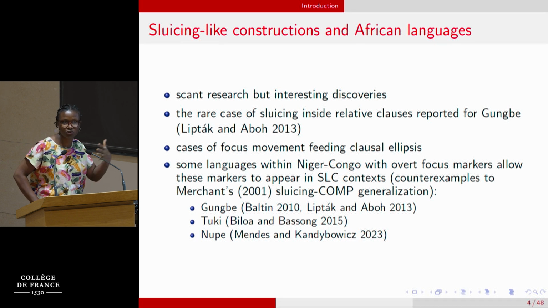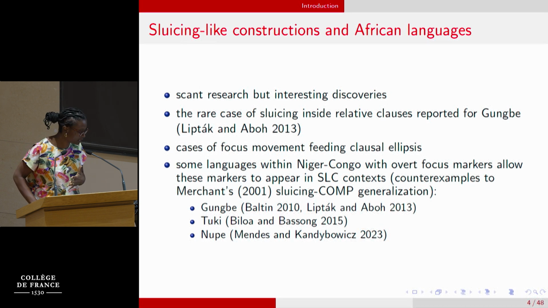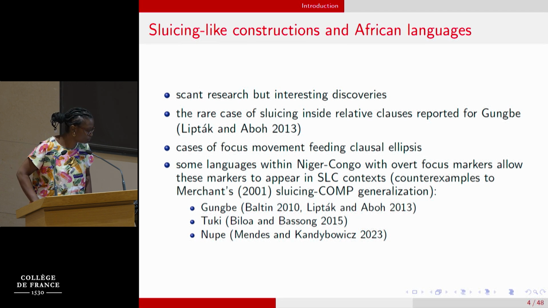So sluicing is not just restricted to WH questions. And then languages that also have focus movements with a special kind of focus marking, just as Luigi just showed us, especially the Niger-Congo languages, provide counterexamples to Merchant's popular sluicing comp generalization.